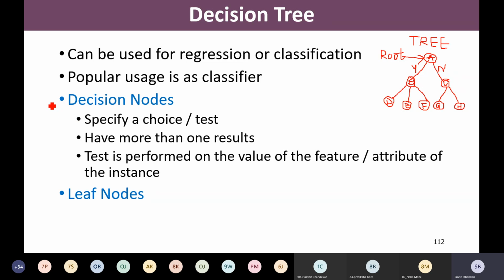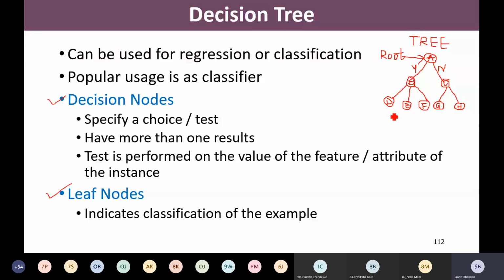But please remember, in decision trees we have decision nodes and another kind of nodes, the leaf nodes. As I mentioned earlier, in our tree data structure, the nodes that do not have any children are known as leaf nodes. In a decision tree, the leaf nodes indicate the class, right?